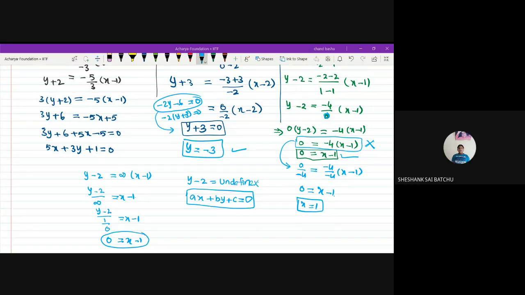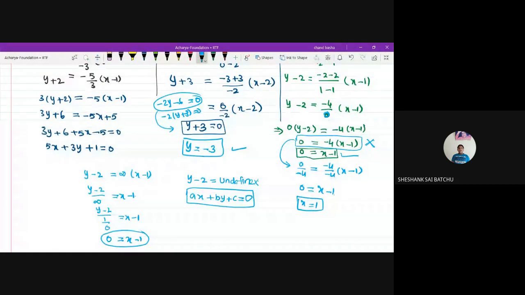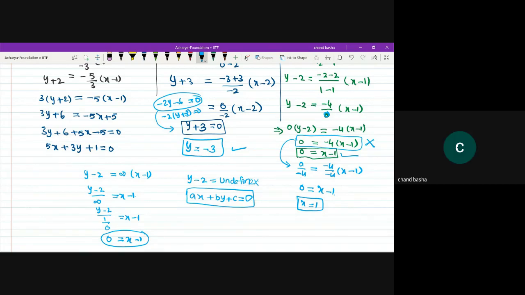Okay, sir. And sir, you wrote y minus 2 is equal to undefined x. No, this part is entirely different, I discussed that it is different. Undefined x is not x. It is not possible to write like this. Cross mark, this is not x. You don't go for this part, and even this part also.